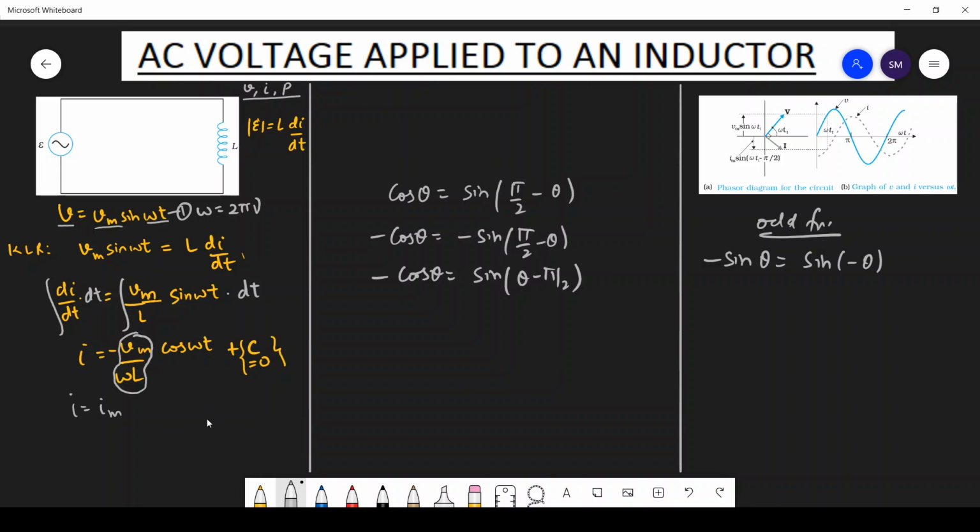So minus cos omega t will become sine of omega t minus pi by 2.